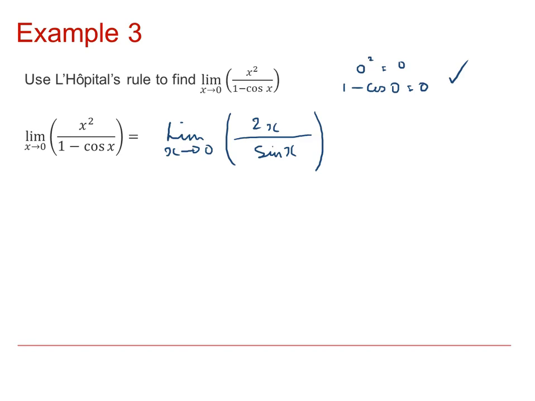We can differentiate again and say that this must be the limit as x approaches 0 of 2 divided by the derivative of sine x, which is cos x. But as x approaches 0, we can say that cos x is close to 1, and therefore we've got this being equal to 2.